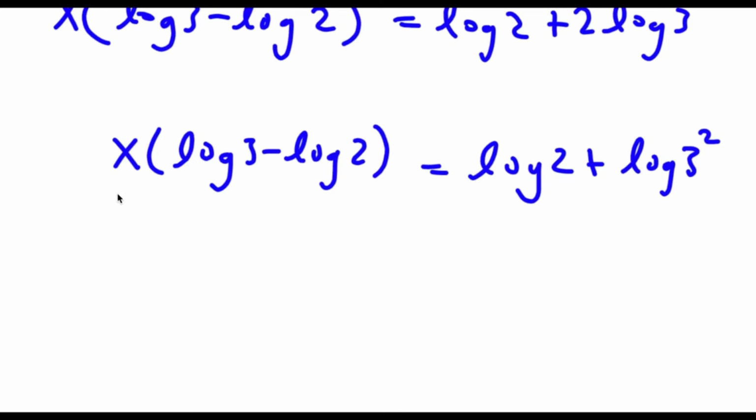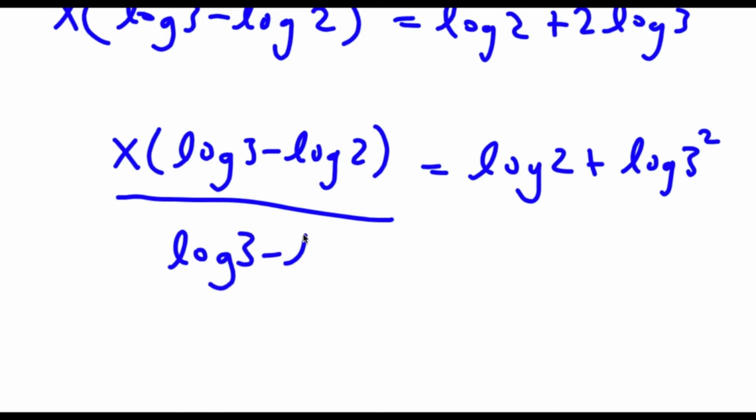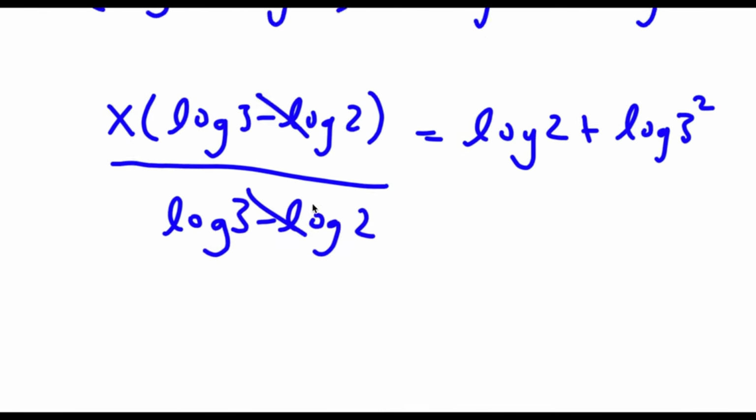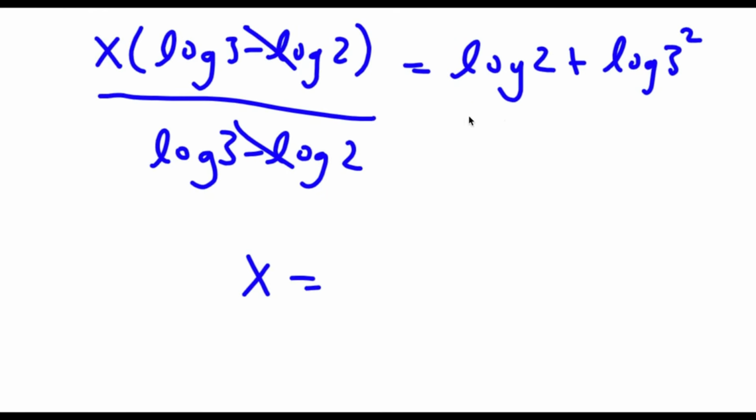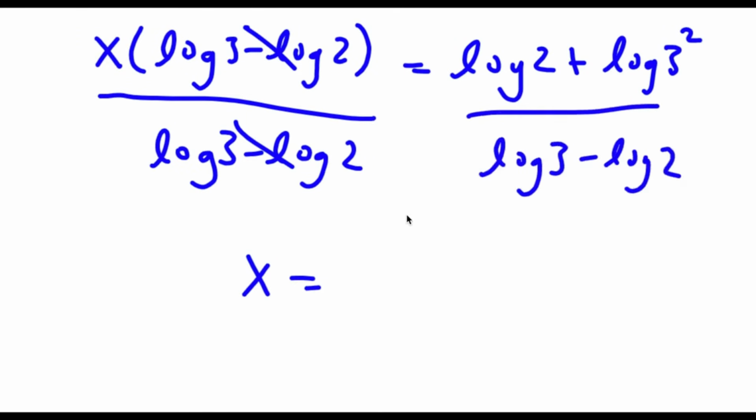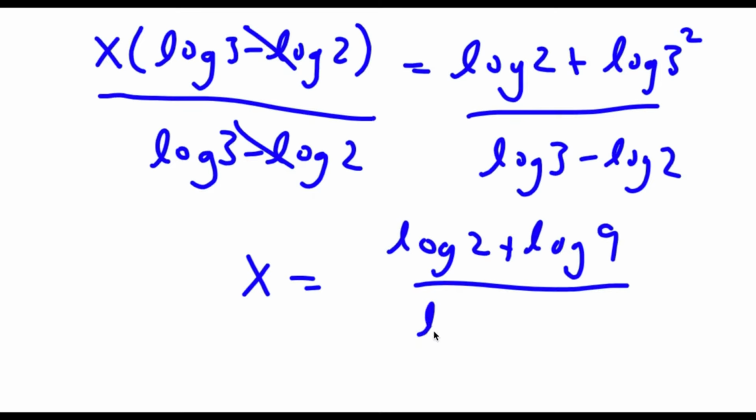Now if I divide both sides by log 3 minus log 2, these two cancel out, and I'm left with log 2 plus log 9, since 3 squared is 9, over log 3 minus log 2.